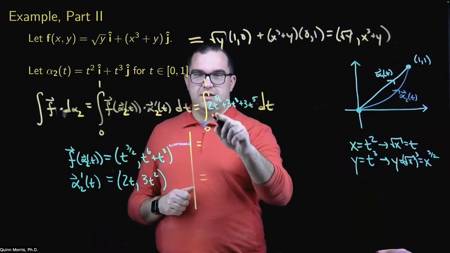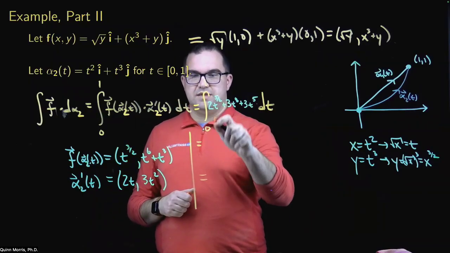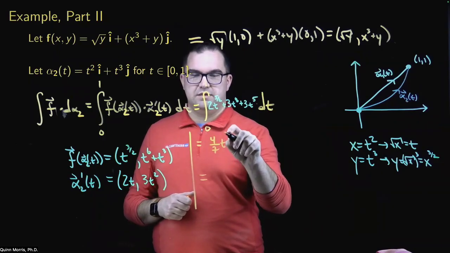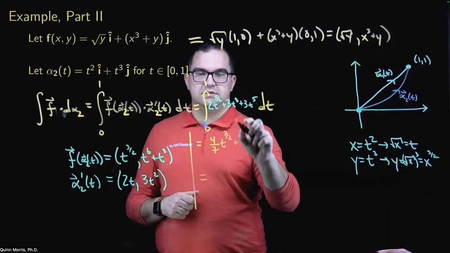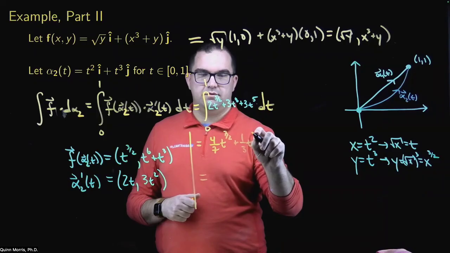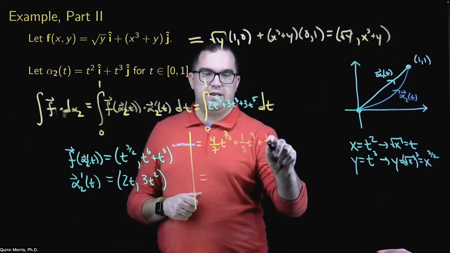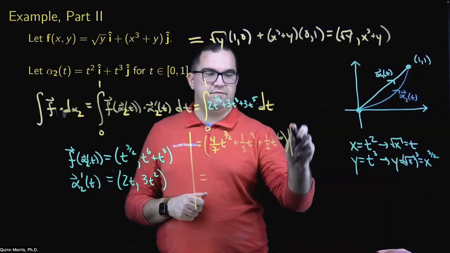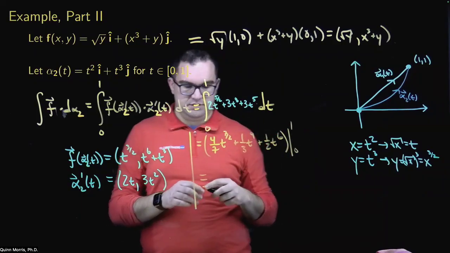So antiderivative, let's see, that'll be to the 7/2. So this will be 4/7 times t to the 7/2 plus it'll be 1/3 t to the 9th plus 1/2 t to the 6th. That's the antiderivative. Evaluate at 1, 0, and take a difference.